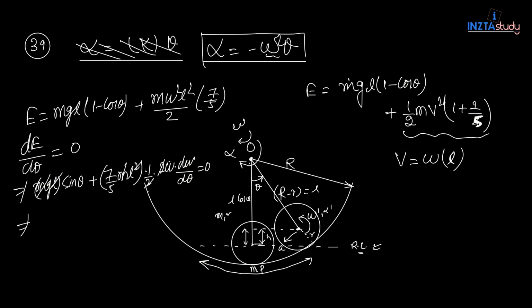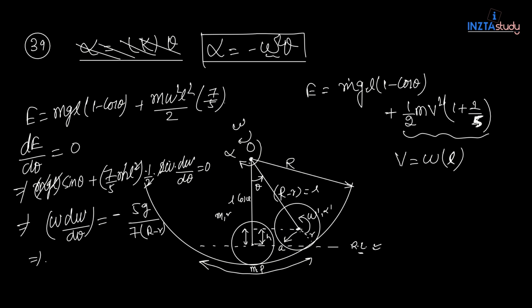So we'll write omega d omega by d theta is equal to minus 5g by 7L, where L is R minus r.